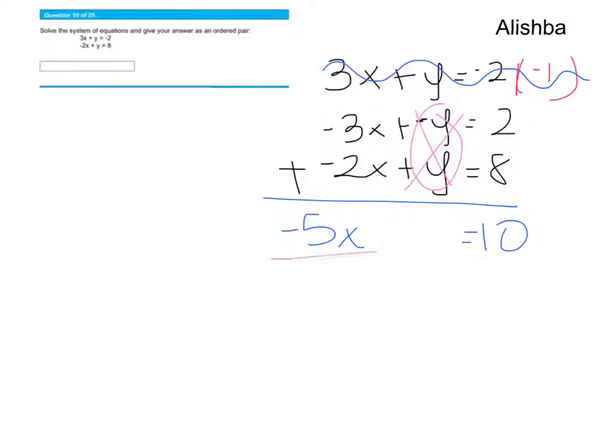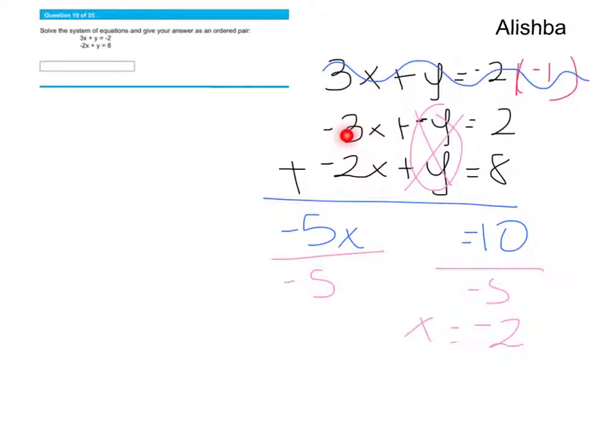So I'm continuing on with the equation and dividing both sides by negative 5 to get x alone and solve for x. So x is negative 2, because negative 5 times negative 2 is 10. Now to find y, you plug x equals negative 2 into one of those equations.